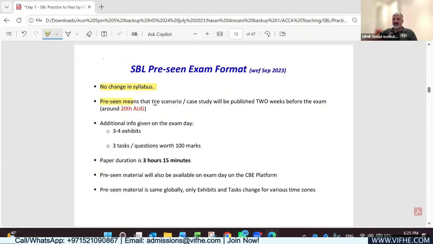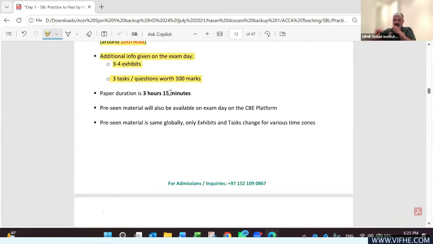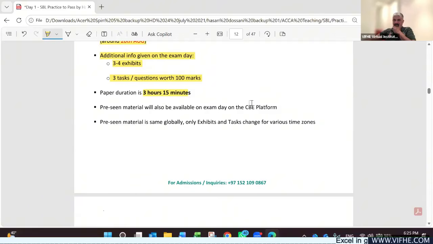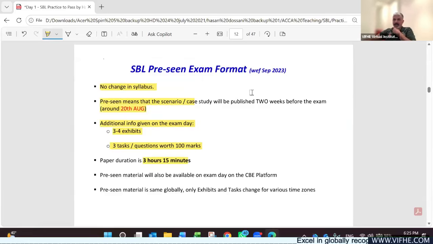The pre-seen material will be published on 20th August. Additional information will be given on the exam day, 3 to 4 exhibits. There will be 3 tasks worth 100 marks. Paper duration will be 3 hours and 15 minutes.